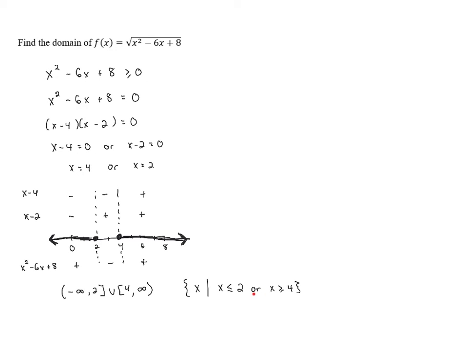The reason we're using the word or here is because it's impossible for x to be less than or equal to 2 and greater than or equal to 4 at the same time. We don't need a number that satisfies both of these at the same time. We're looking for numbers that either are less than or equal to 2 or are greater than or equal to 4. So this represents the domain of our function in set builder notation.